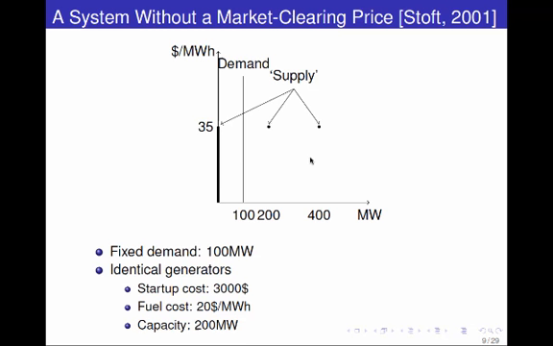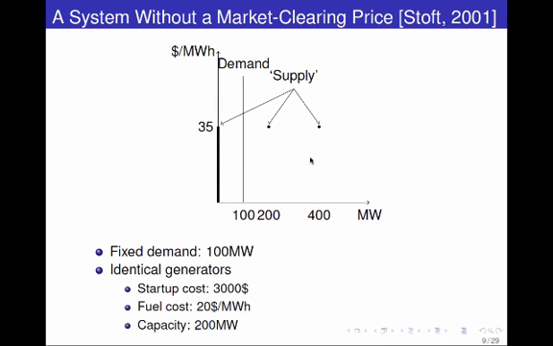So if I have any price above 20 for this energy market, I will jump in and produce at my max. So my total cost will be 3,000 plus 4,000.